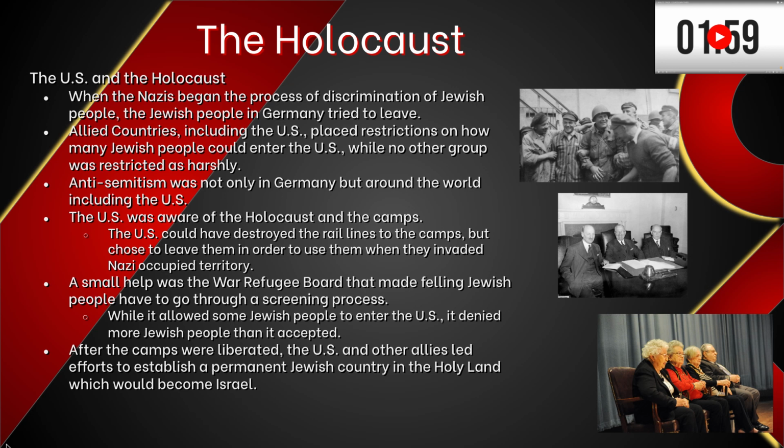But the War Refugee Board wasn't really good at what it was supposed to do, which was to screen these people and let them in. Instead, they used the process given to them to slow things down, and while they did save thousands of lives, there were still millions lost in Europe alone because they were too slow to react to what was going on.